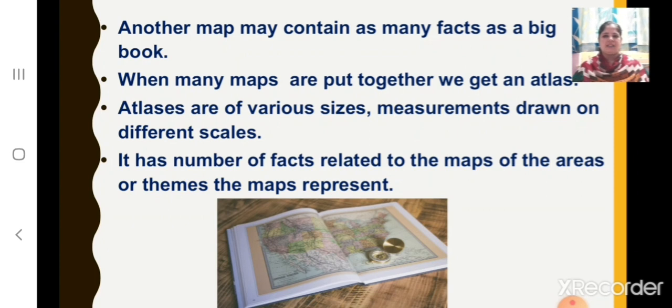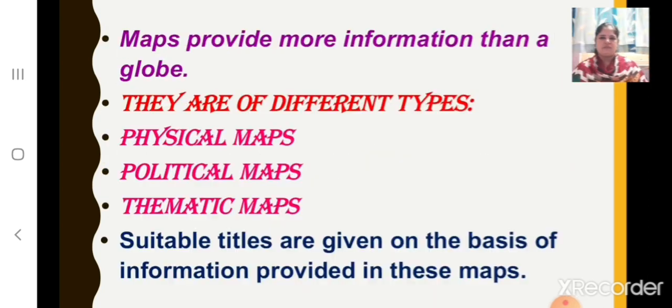Atlases are of various sizes and drawn on different scales, and they have a number of facts related to the areas or themes the maps represent. We get more information from the maps. That means maps provide more information than a globe.